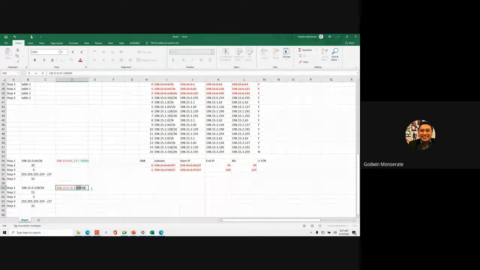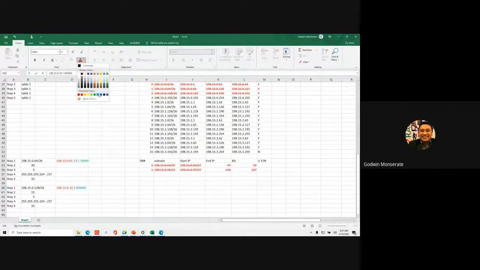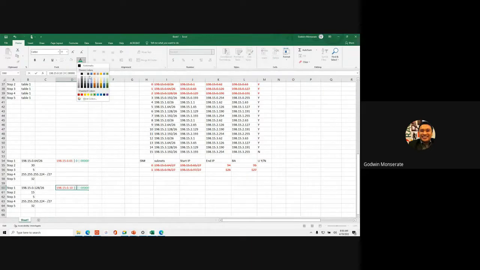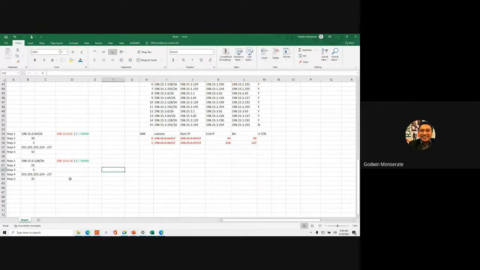Then the zeros here will be marked as green because these are the number of hosts. We borrowed 5. That's why 1, 2, 3, 4, 5. There you are. Then this one will become blue because this is your subnet. The same computation. We range by 32. So let's copy this.